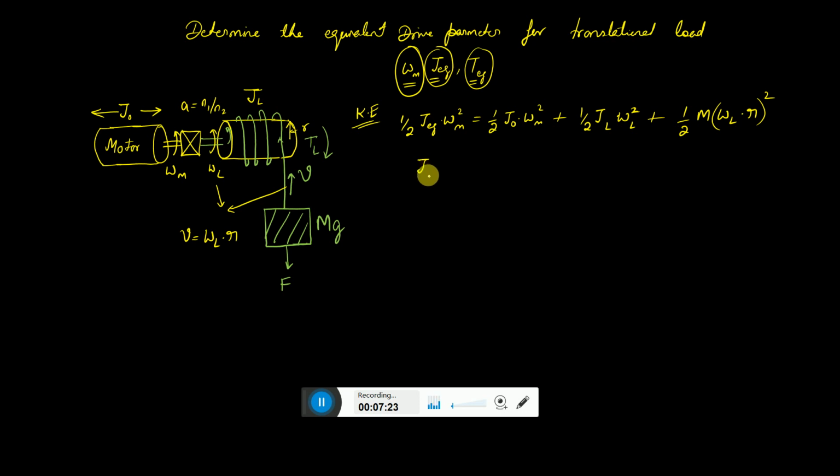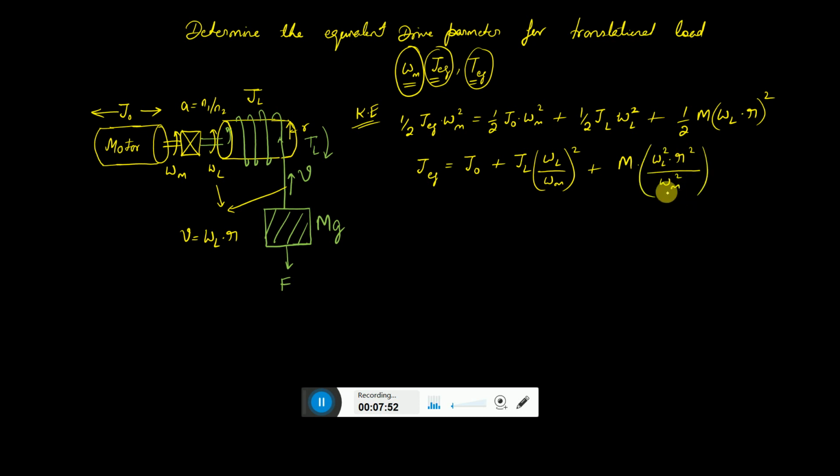Now from here we can write J equivalent is equal to J0 plus JL, omega L by omega m whole square, plus m, omega L square R square by omega m square.